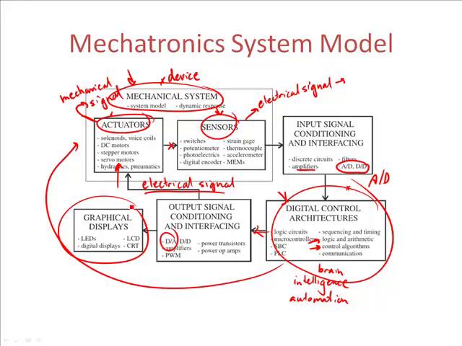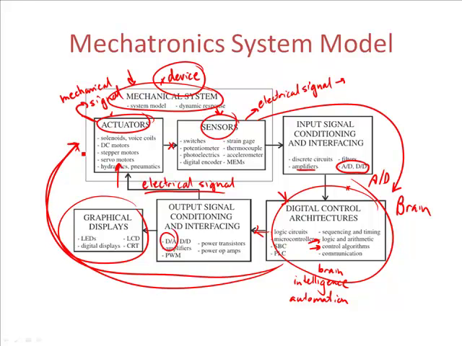And then as an adjunct, you can also have graphical displays that display to the user what the status of the system is. But the main blocks, again, are the brain and the device. On the sensor side, we're trying to get the signal into a form that the brain can understand. And then the brain has to get its idea across to the mechanical system. So that's basically the model.